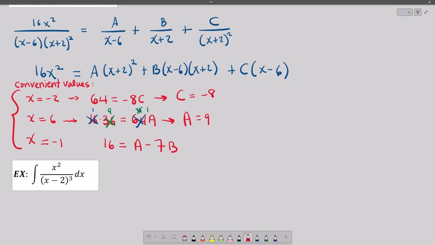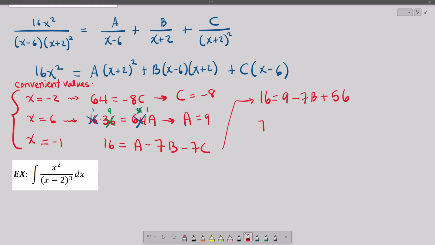Plug in negative 1 here, negative 7c. We've already solved for c and a. So 16 will equal a minus 7b minus 7c. So c is negative 8. So we multiply negative 7 times negative 8 and get 56, plus 56.